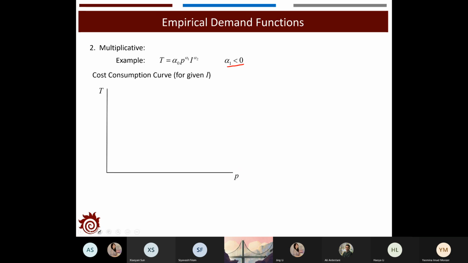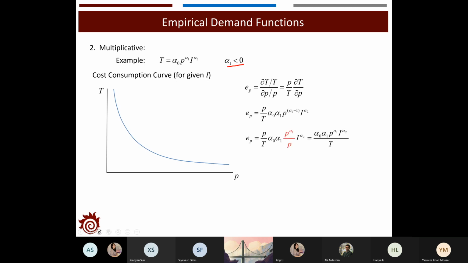With that, we can draw the cost consumption curve with the given I values and find the price elasticity. If you follow the definition of the elasticity, you can quickly get a constant value. So the price elasticity is alpha 1 for this case. It's constant along all the points in this curve.